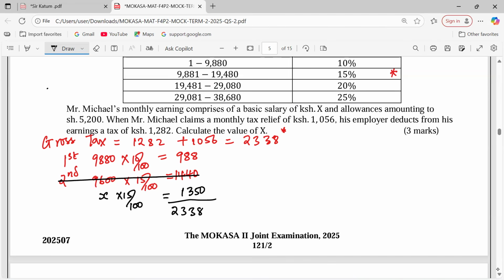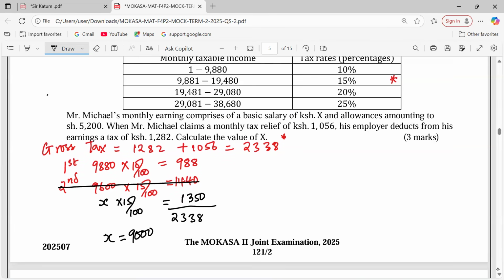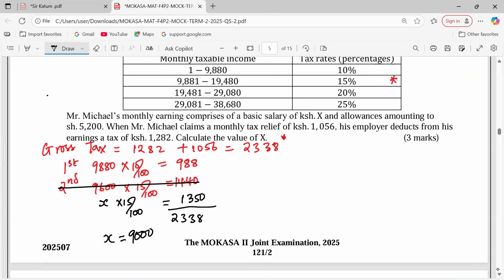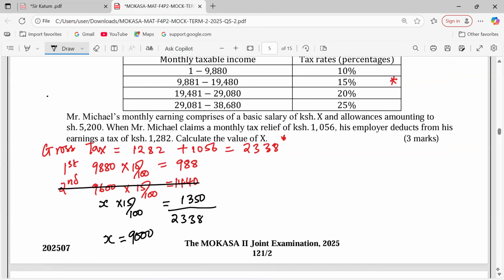Therefore, we can remain with X by saying that the value of X taxed at 15% to give us 1350 shall be multiplied by 100 over 15. This gives us 9,000. So in the second bracket, we only tax 9,000. 9,000 taxed at 15% will give us 1350, so that the total tax adds up to 2338. With that, now we can get the taxable income.